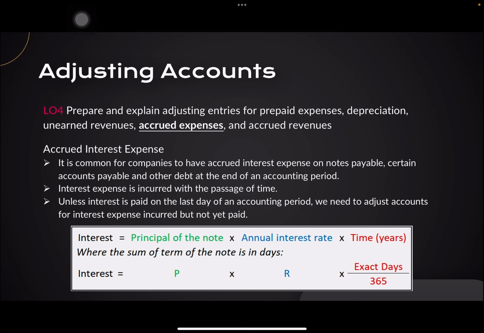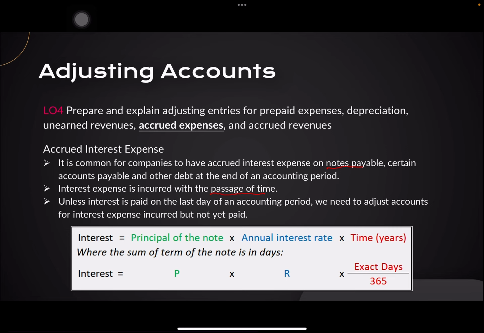So it is common for companies to have accrued interest expense on notes payable, certain accounts payable, and other debt at the end of an accounting period. Interest expense is incurred with the passage of time, meaning that as the days go by, this interest piles up or accumulates.